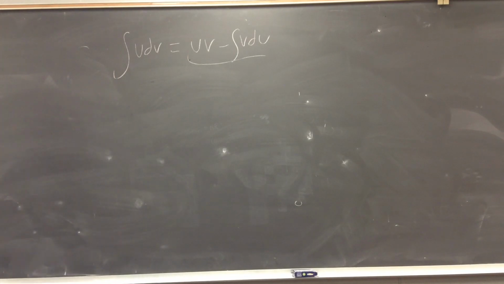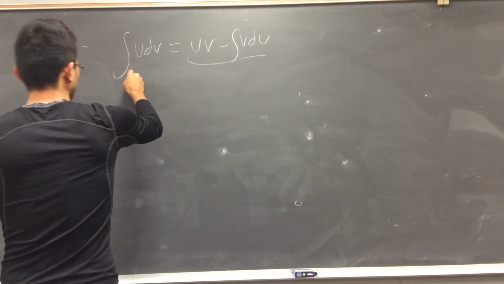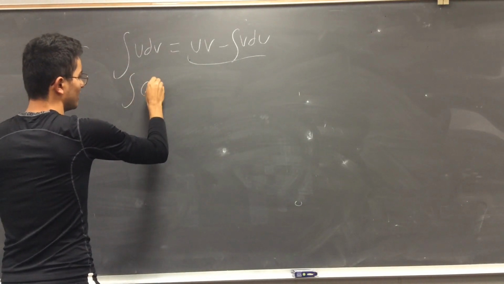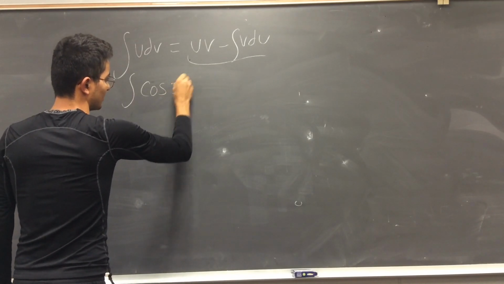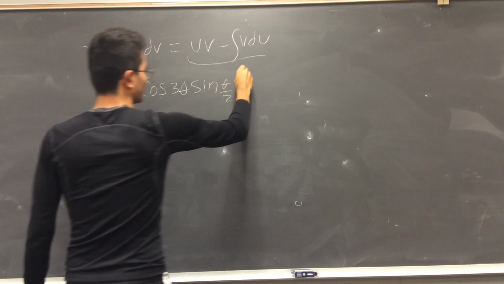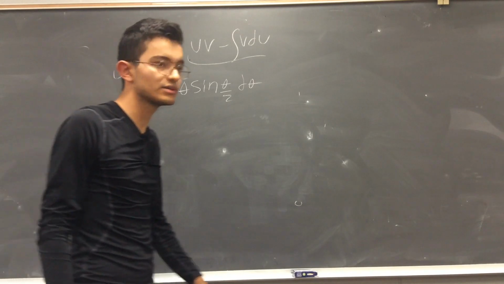Now, this integration by parts is going to be a little different. So let's say you have cosine of 3 theta times sine of theta over 2 d theta, and you want to find the integral of this using integration by parts.